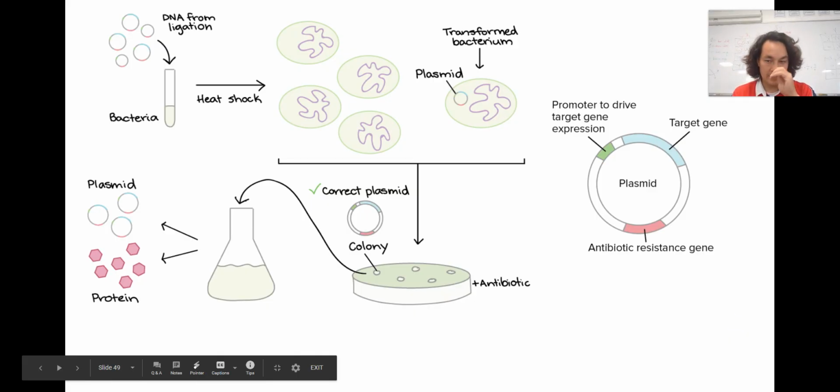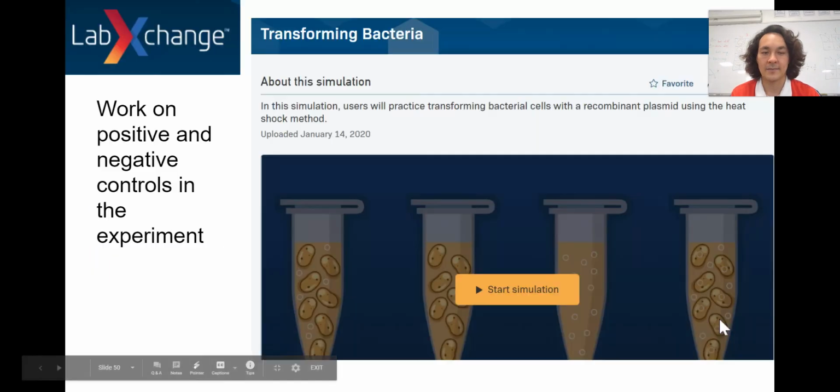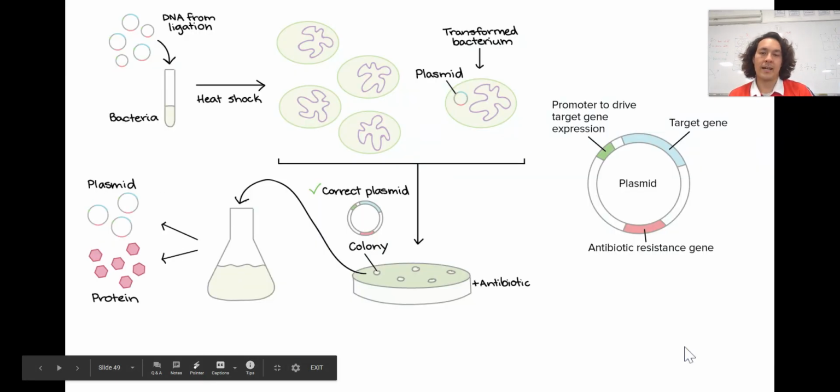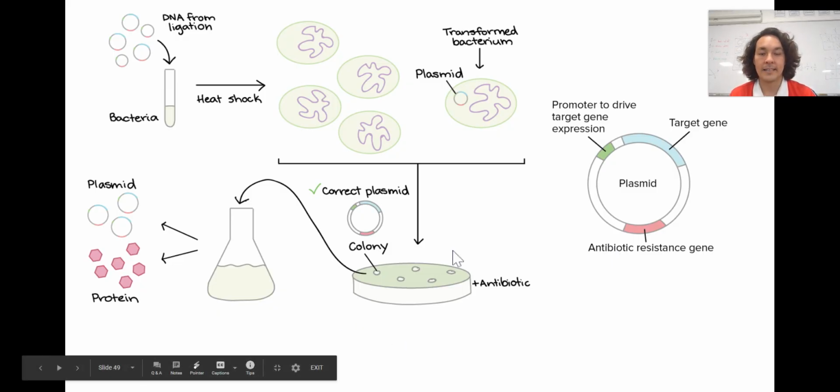Here is the transformation experiment. And so this is a great time for you to practice positive and negative controls with regards to this experiment. You'll try and heat shock and get the plasmid in, and then you can grow it in an antibiotic environment. And so what will happen is if it picks up the plasmid, then it will grow on the antibiotic plate.